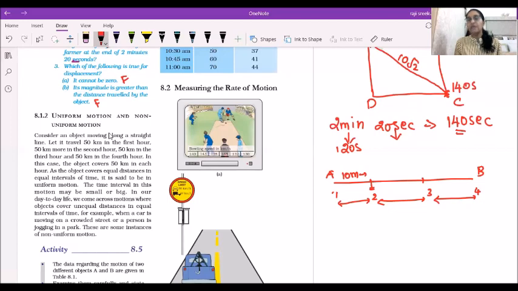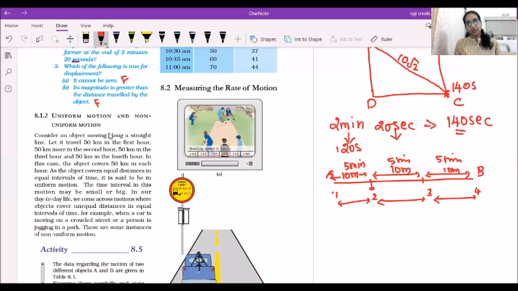Suppose he takes 5 minutes to cover these 10 meters, and again the next 10 meters he covers in 5 minutes, and the next 10 meters in 5 minutes. It is said to be uniform motion. That means he is covering equal distance in equal intervals of time. Here the interval of time is 5 minutes. In each 5 minutes he is covering 10 meters. So the object is said to be in uniform motion.